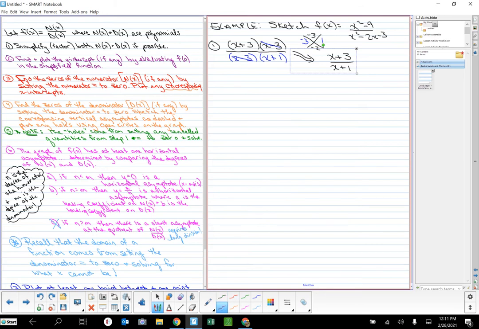Now, step 2. Find and plot the y-intercept by evaluating f of 0. So I'm going to do f of 0 of x plus 3 over x plus 1. I'm taking this simplified version to do that. So it means I'm going to put 0 where x is. So I have 0 plus 3 over 0 plus 1.